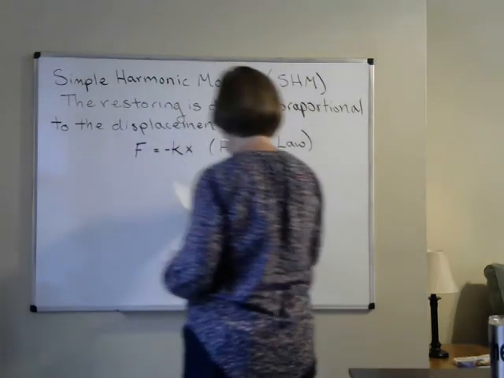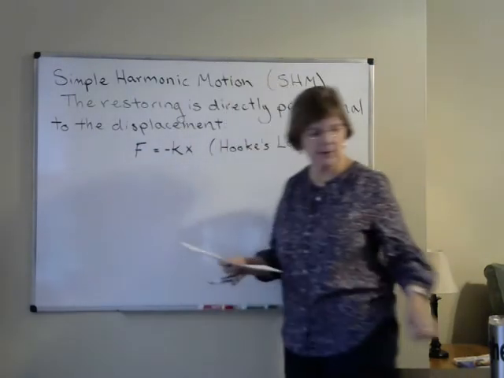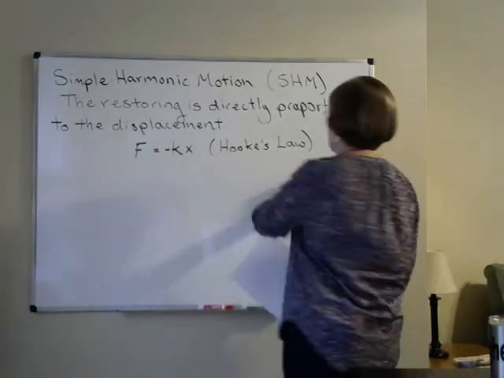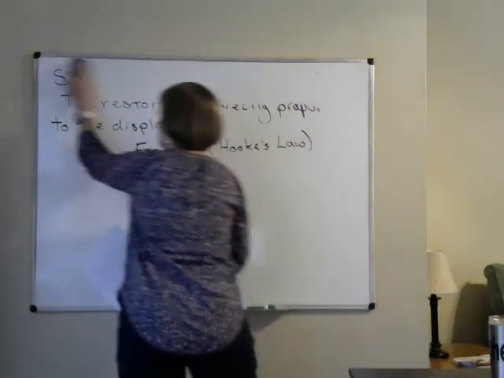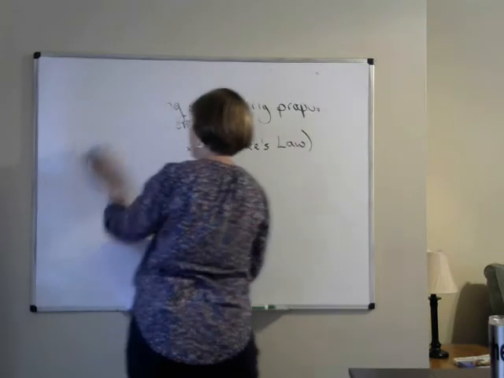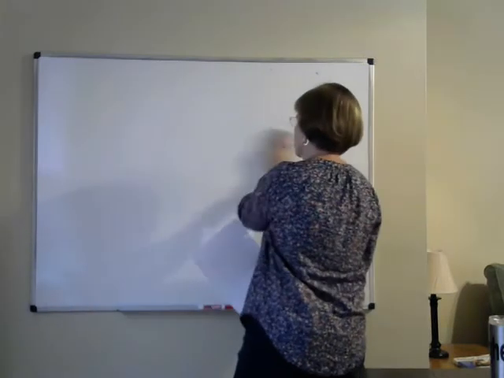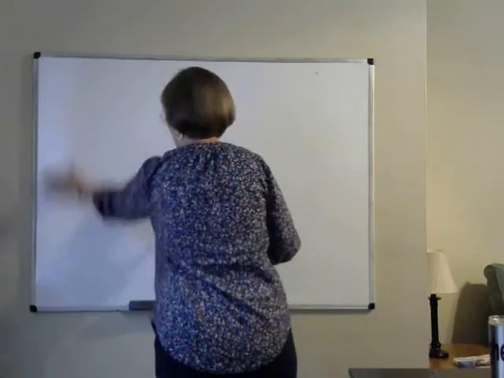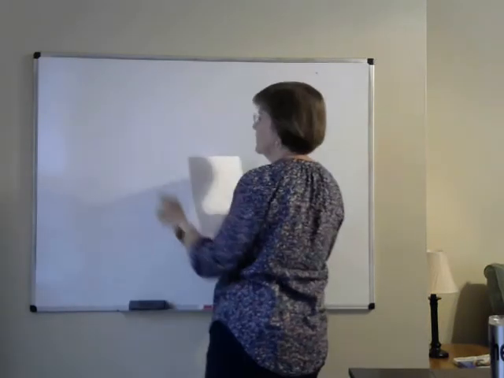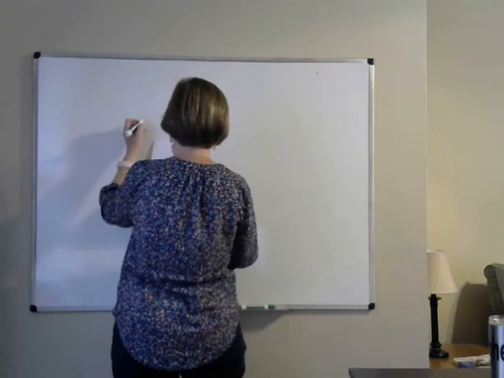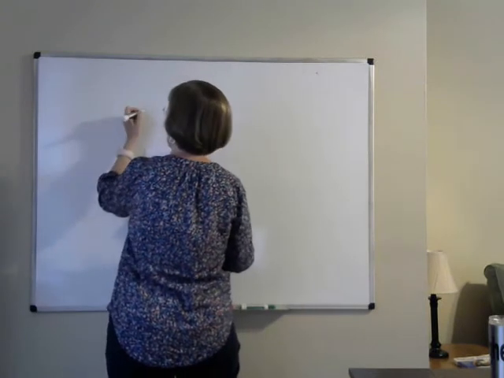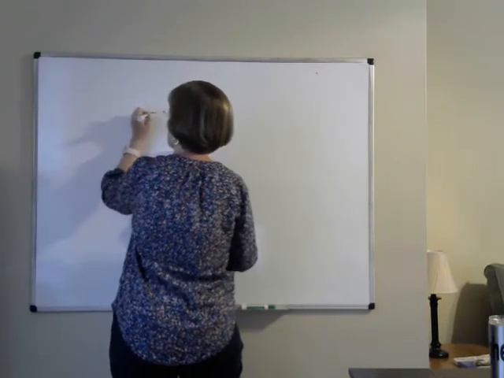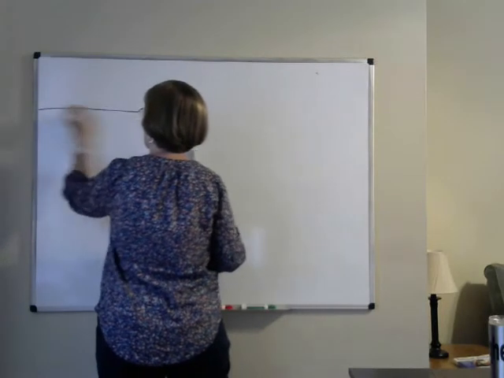I'm going to draw a picture. Let me make a little more room on my rather small board. Let the edge of my board here be the wall. And we'll assume that we have some block that's resting on a table.